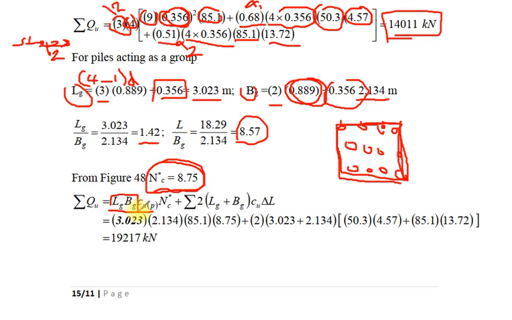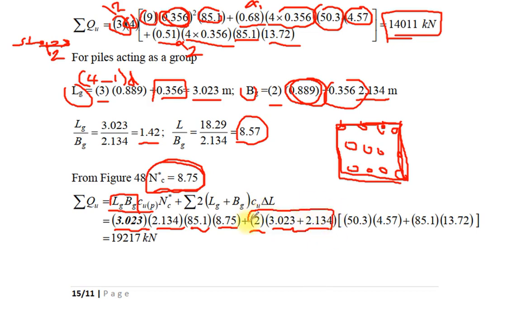LG multiplied by BG is the area of the block section, multiplied by undrained cohesion multiplied by NC, 3.023 LG multiplied by BG multiplied by the undrained cohesion multiplied by NC plus QS, 2 multiplied by 3.023 plus 2.143.